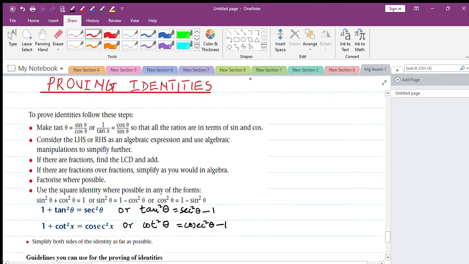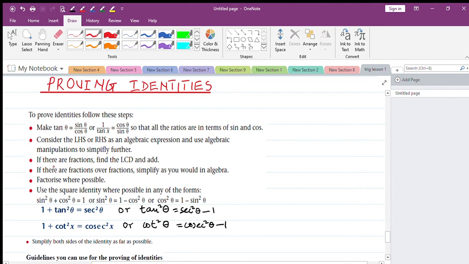We are making sure that we do a simplification on the left until it's exactly the same as the right, or vice versa.